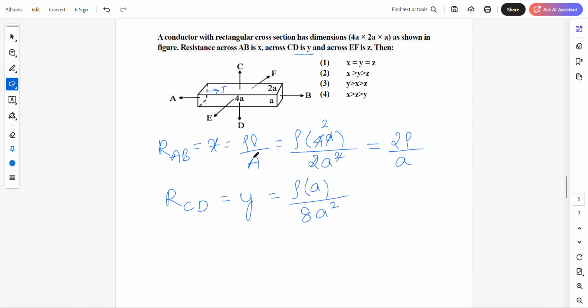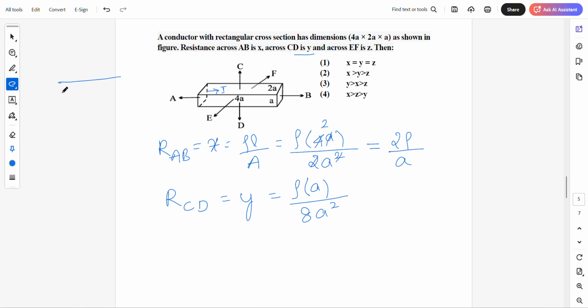Now for CD, where CD is like this. For CD, what is the length? For CD, length is A, right? What is the area for CD? 4A into 2A. Hope you understood. CD goes like this.